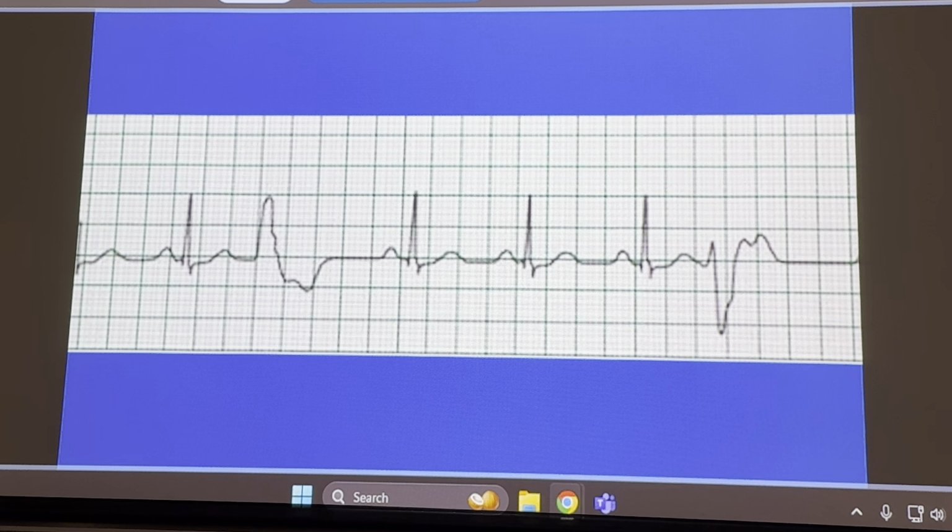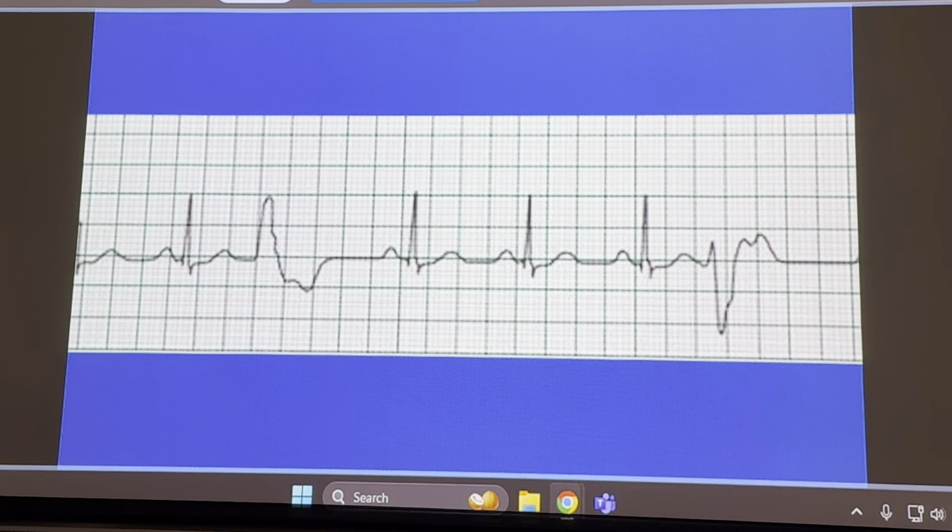Yes, Meredith? I don't understand how that's regular. So the PVC is going to throw it off a little bit, but it goes back to that regular rate right here. There's a huge space between the first and second QRS. This should be a QRS, but our ventricle took a break.